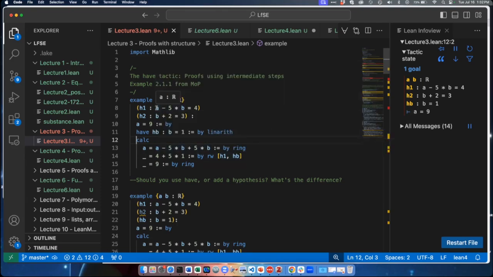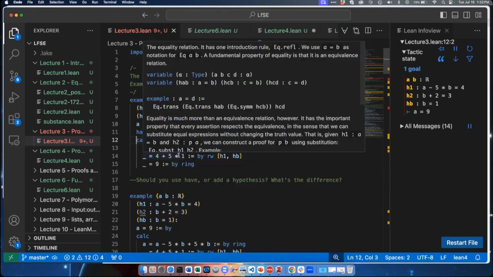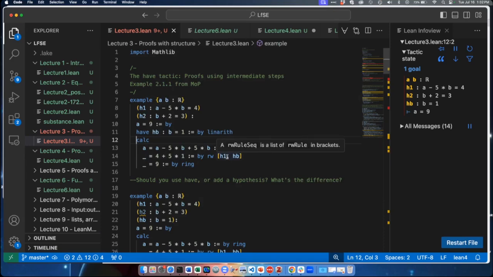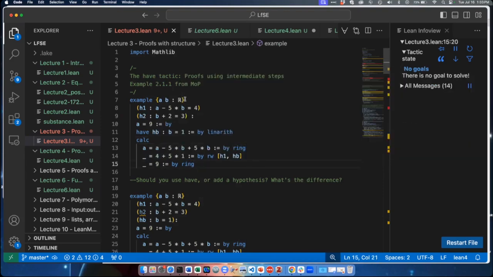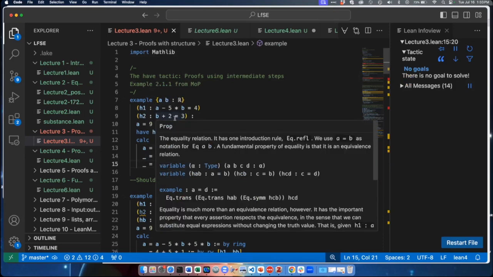I'm going to replace the first part of this, A minus 5B, with H1 first, so this gets replaced with a 4. Then I'm going to replace the B with a 1. And finally, we're going to simplify this just using ring. We could use norm_num. There'd be different ways to close this goal. So that's an illustration of the have tactic and how it works.